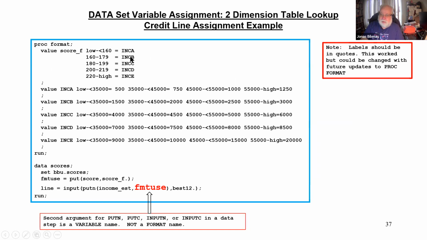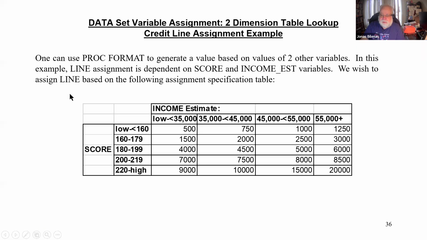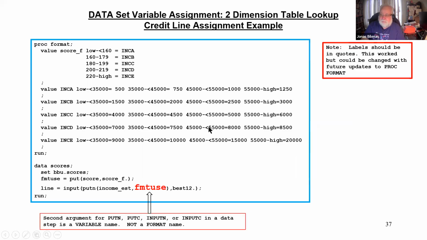So it's Inc A, Inc B, Inc C, Inc D, Inc E. Now I created my own format for Inc A, and that's just mapping this income to 500, this income to 750, this to 1,000, this to 1,250. And we got those numbers here.